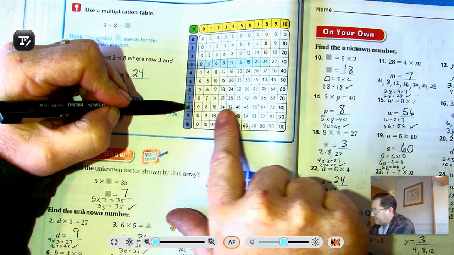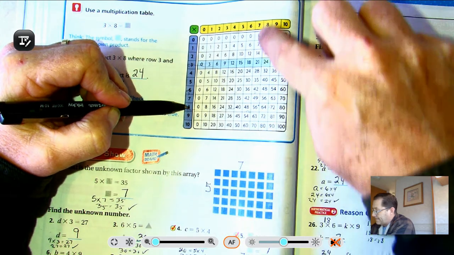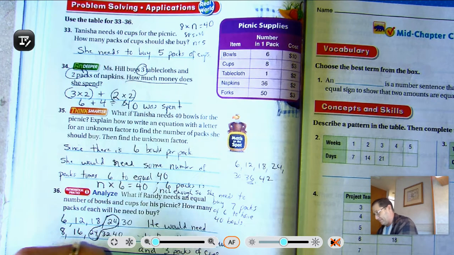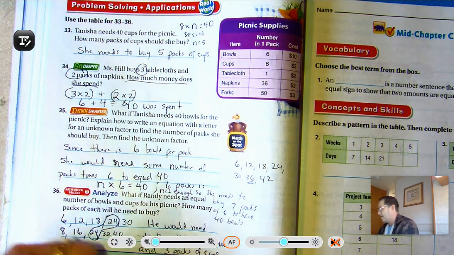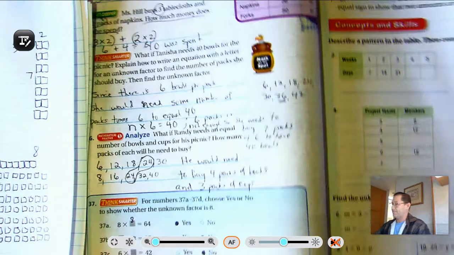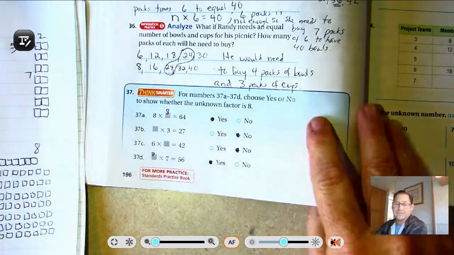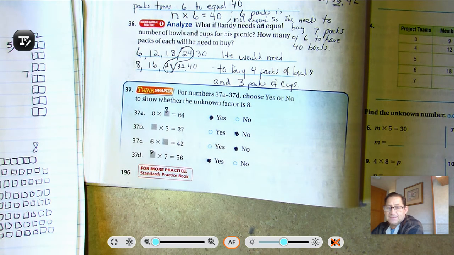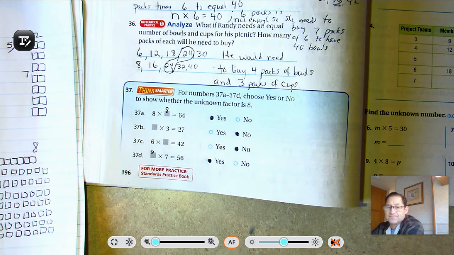Let's find 56. Go up. 8 times 7 is 56. That is true. Okay, so let's look at these again. 8 times 8 is 64. 8 times 3 is not 27. 6 times 8 is not 42. 8 times 7 is 56.